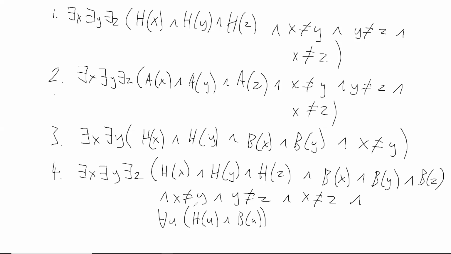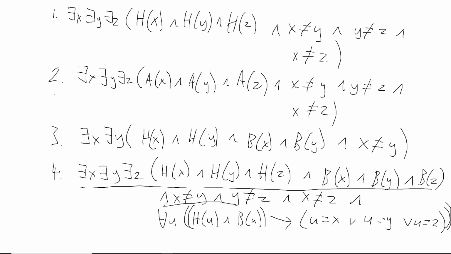So what this extra clause says... Okay, so all of this first bit says that there are at least 3 horses, and this last bit says that if there is any horse in Farmer Brown's field, that horse is either X, Y, or Z.